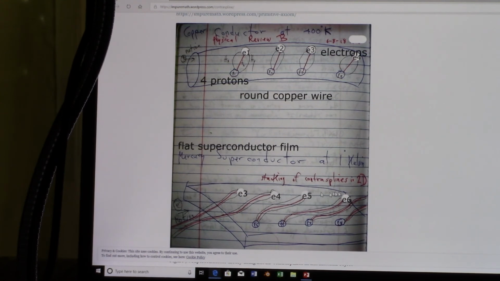These electrons are flowing to the right here. And it's like a ribbon, a bunch of ribbons flowing around this circuit in a circle. And these are splines, membranes that have no thickness. So they stack up many times thick without taking up space in the actual superconductor film.